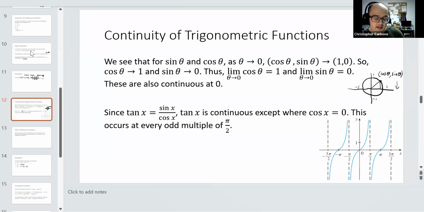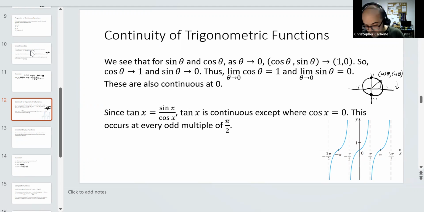Since the tangent of x is equal to the sine of x divided by the cosine of x, tangent of x is continuous except when cosine of x is equal to 0. We can see that happening in our unit circle at pi/2, and also at 3 pi/2, and so on and so forth.